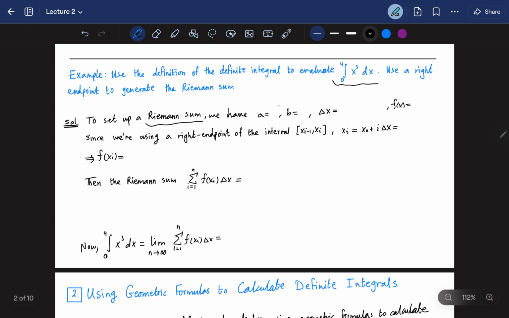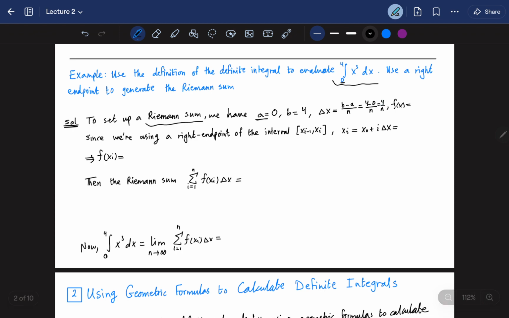To do that, I'm going to find my a. Now a is the lower limit, so it's just 0. b is the upper limit, so it's going to be 4. Now delta x, we already know that the formula for it is (b minus a) over n. So this is just (4 minus 0) over n, which is 4 over n.